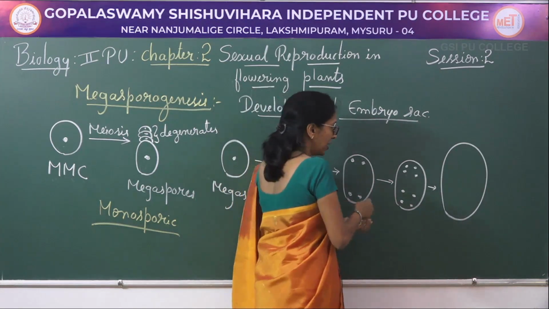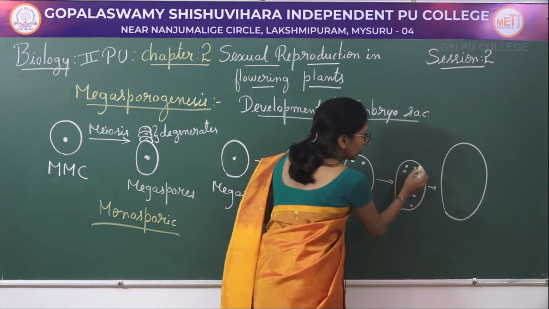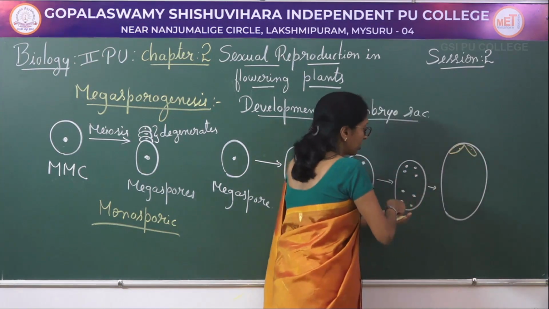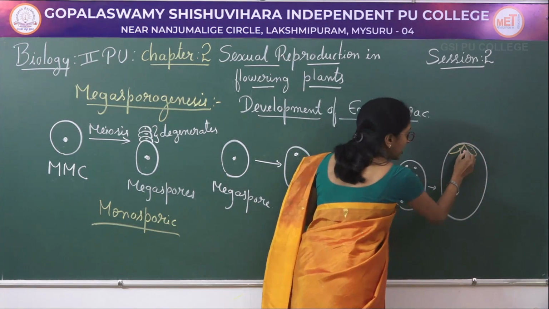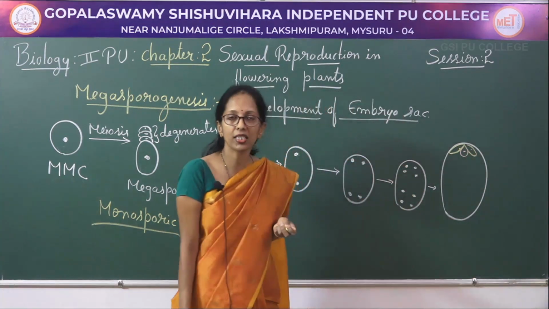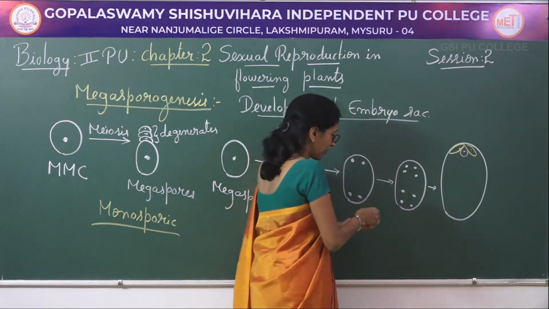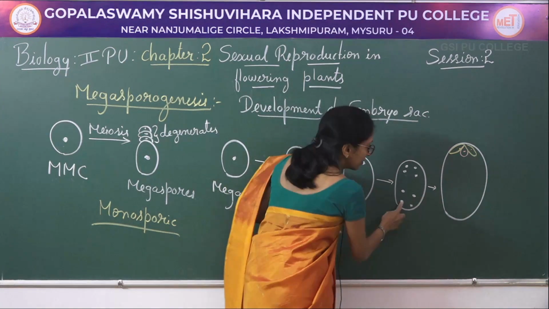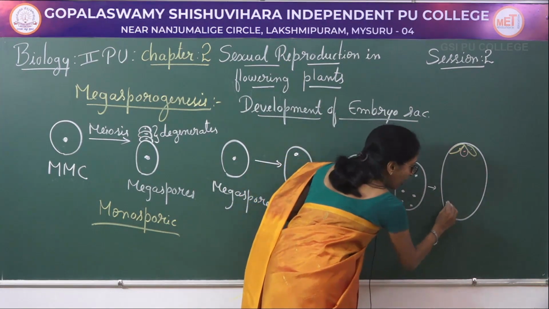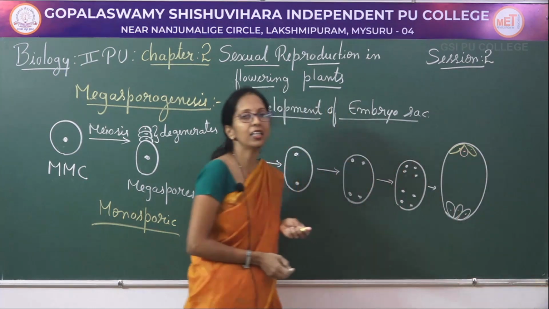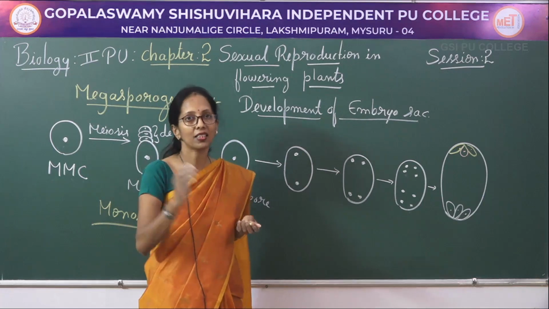Here the upper 3 nuclei organize like this to form the egg apparatus towards the micropylar region, and then the basal 3 nuclei organize into 3 antipodals towards the chalaza.